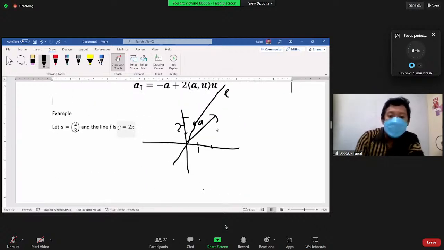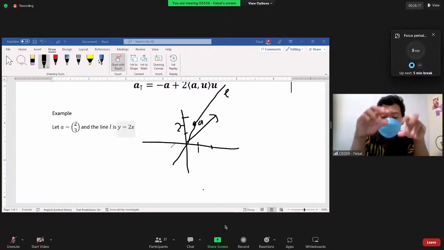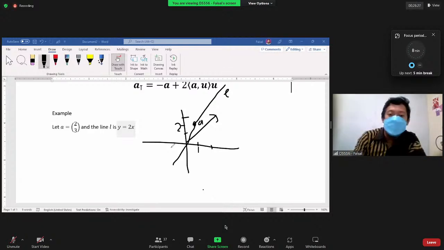How can we find the direction? We can find it by taking 2 sample points on the line.